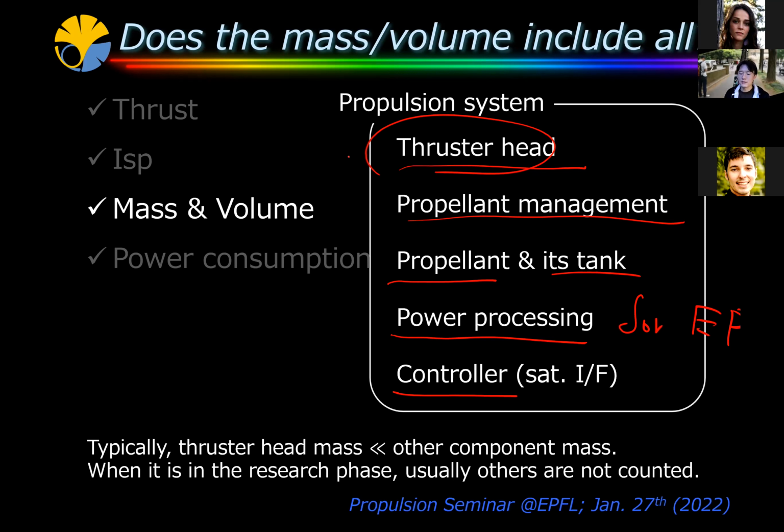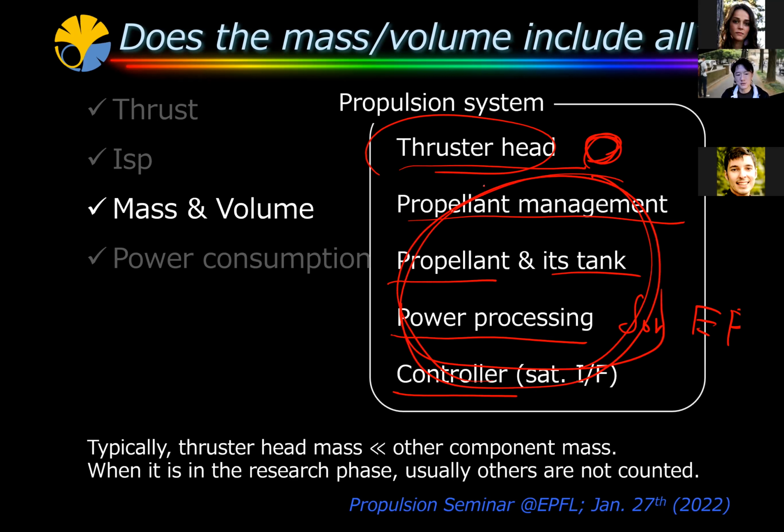In this case, usually this fraction is much smaller than the others. Usually these parts are dominant. So if you focus only on the thruster head, the size would be much different from the actual propulsion system size.